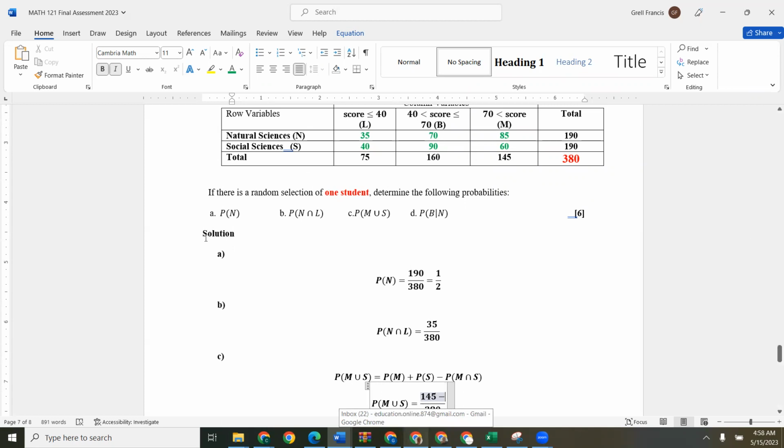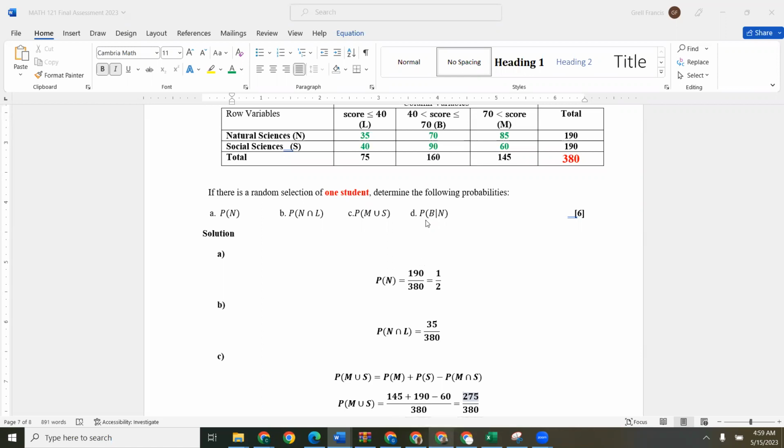How many are from the social sciences? 190 of them out of the 380. And now we put the minus for the intersection of more than 70 and from the social sciences, 60 of them. So that will give us 275 over 380.